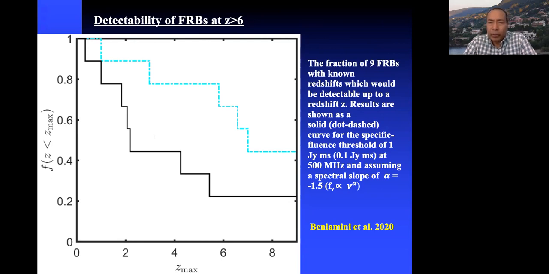And that is a sensitivity of, in the radio astronomers' unit, 1 Jansky millisecond fluence threshold. 20% can be seen. And if the sensitivity is improved by a factor of 10, which is totally going to be the case with the upcoming facilities, then 40% of these 9 FRBs can be detected during the reionization epoch.